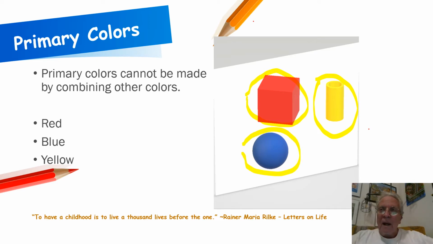Now, a primary color is just that. It's not a combination of colors involved to make the color. In other words, red is red. It's not made up of yellow and blue or pink and purple or anything like that. So you have 3 primary colors, and it's from those primary colors that other colors are made.